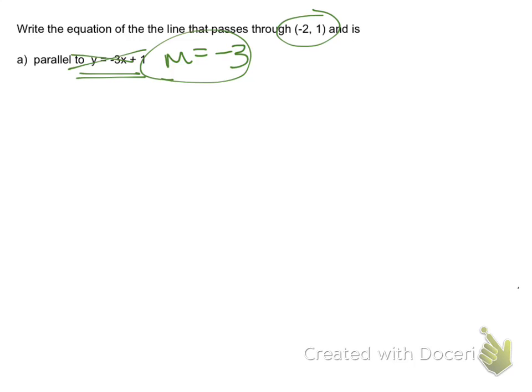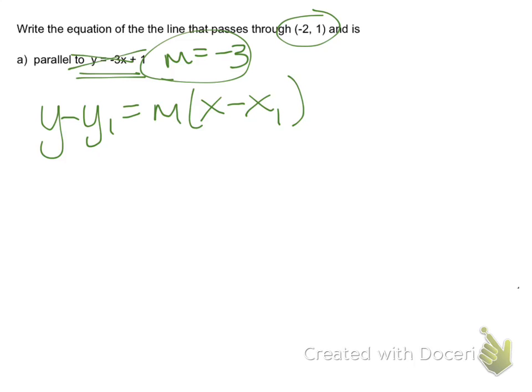Again, I'm going to demonstrate writing the equation. From this point out, I'm going to solely use point-slope form. If you're more comfortable with slope-intercept form, that's fine. Keeping in mind from those last two examples, no matter which method you use, you should get the same equation as I do.